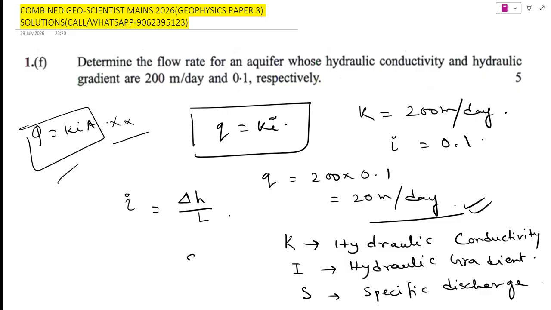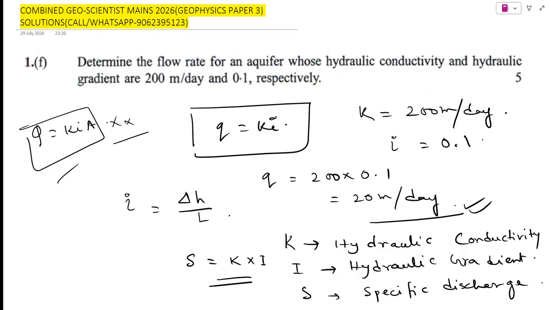So S will be equal to K into i. All right. You can remember it this way. So basically, that was all about this question.